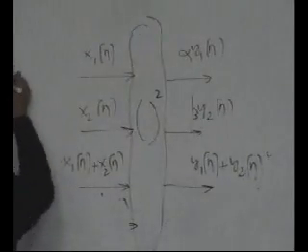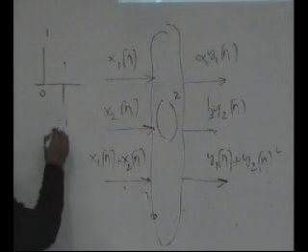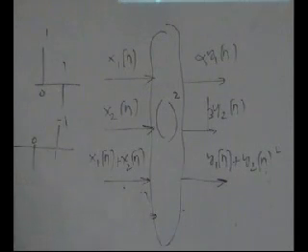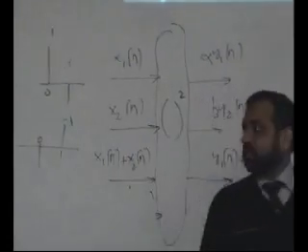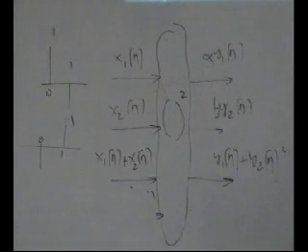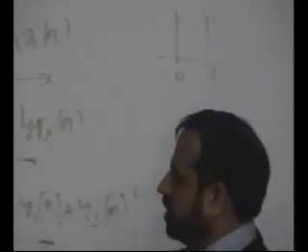So you have a signal which is 1 and minus 1, and you have another signal which is minus 1 and 1. Okay? So this signal, once you pass it through a squarer, will give you what? 1 and 1, and the other gives you again 1 and 1.